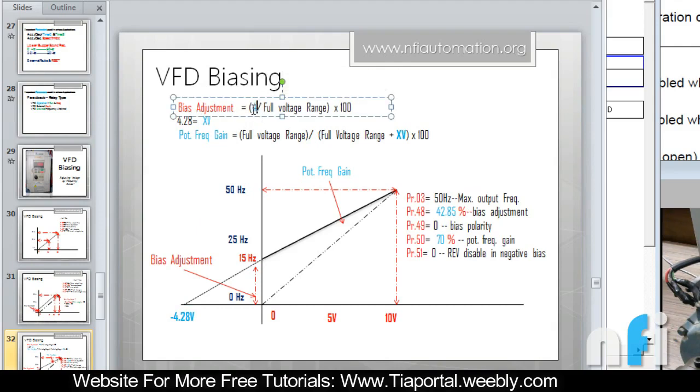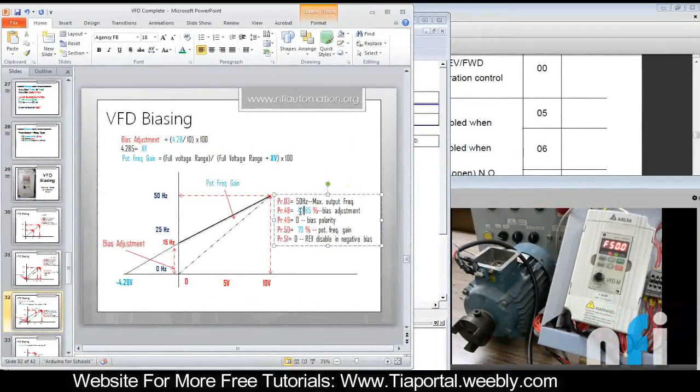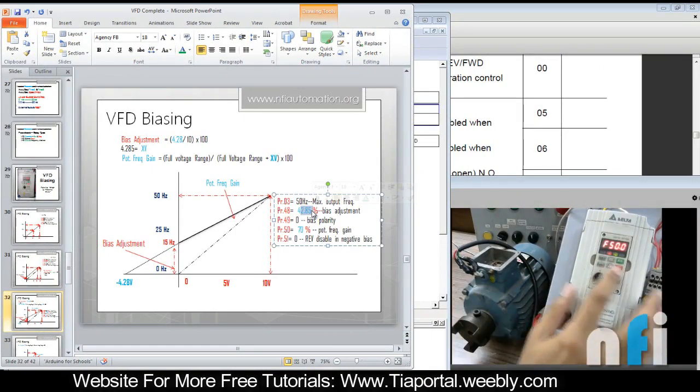XV, you can do the calculations, divided by full voltage range, which is again 10 volt, into 100, that is 42.85, because there might be fractions here. Alright, so this is the bias adjustment we got here. So let me put this in parameter 48. In 48 I'm going to put 42.85.